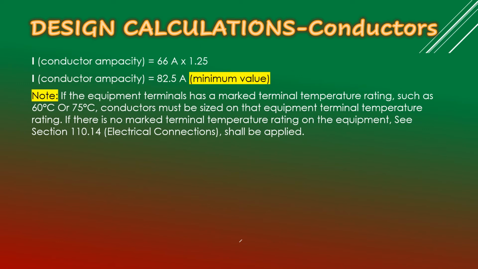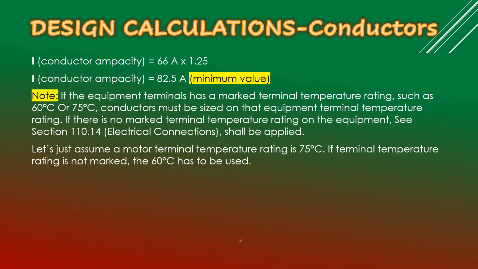This is found in NEC section 110.14, and we shall apply this. So take note that we have also to consider the equipment terminal temperature rating. Otherwise, we will not get the proper calculation for the conductor ampacity.